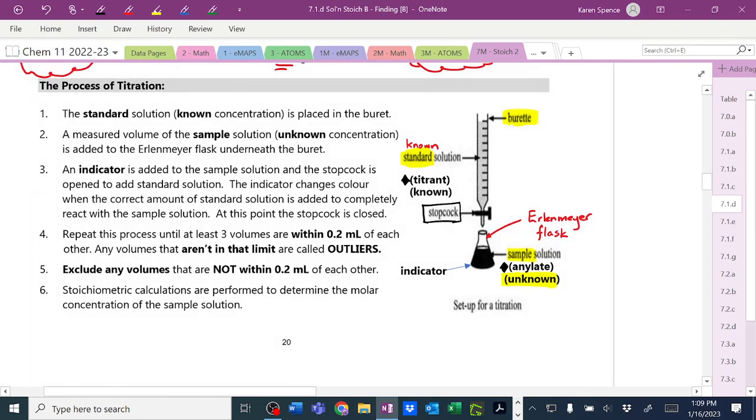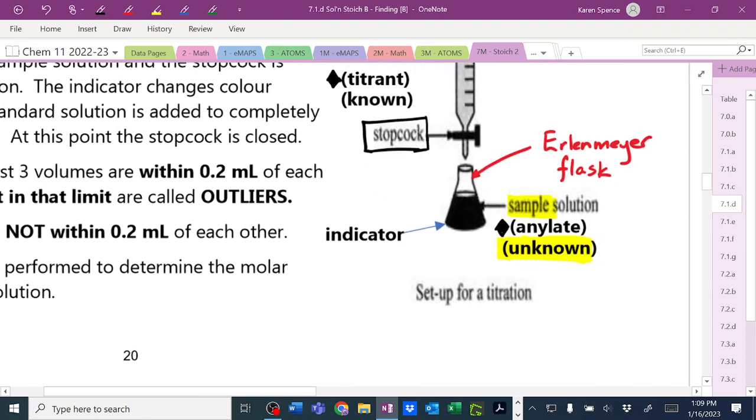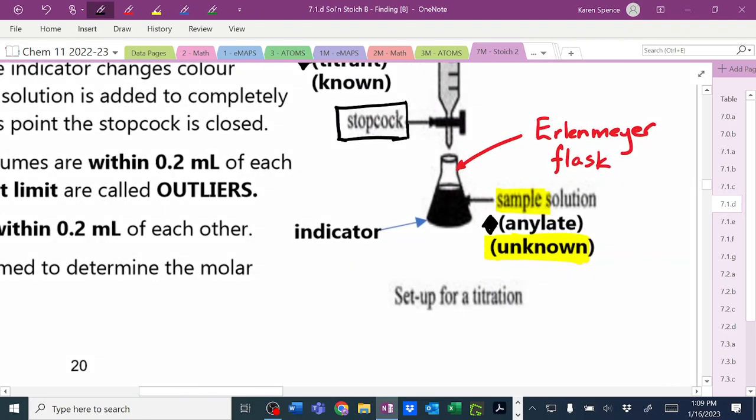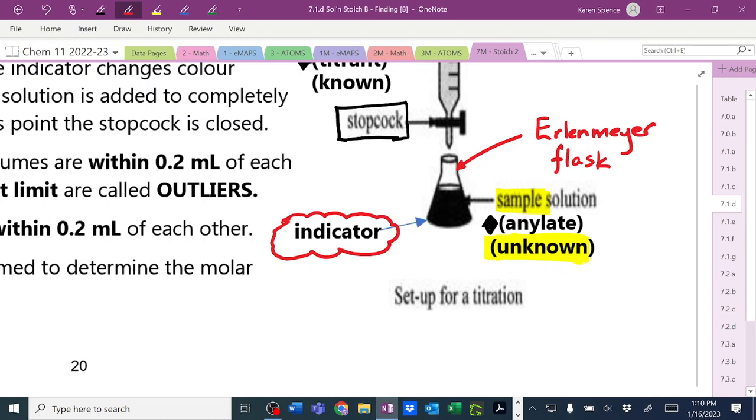All right. And also into the Erlenmeyer flask, we will not only put the sample, but we will also put the indicator. So what we'll do is we'll have a flask and it will have some acid in it, and we'll put in some phenolphthalein, and the phenolphthalein is colorless in acid, so it will be colorless. You'll be like, wow, that was really boring, nothing's happening.